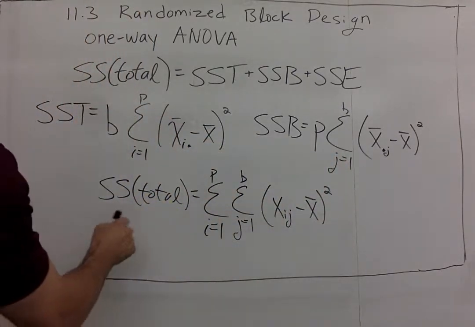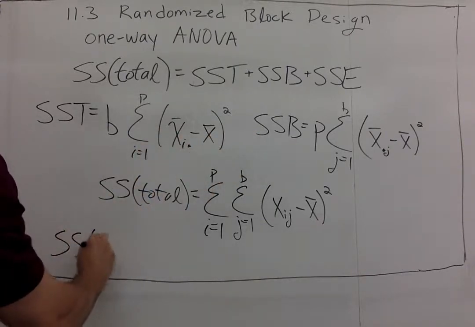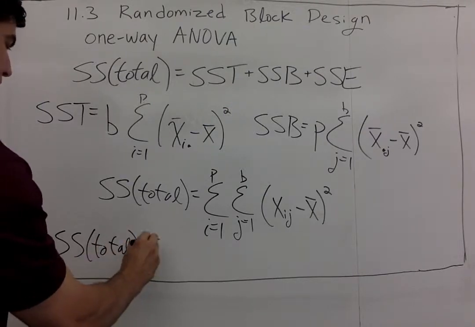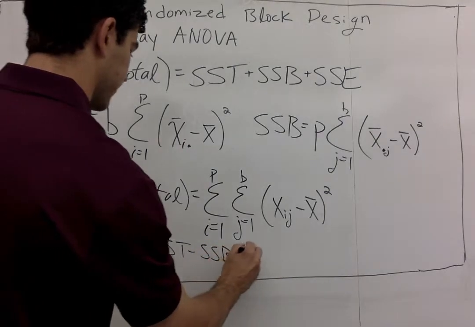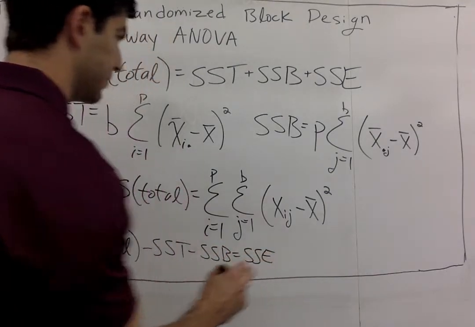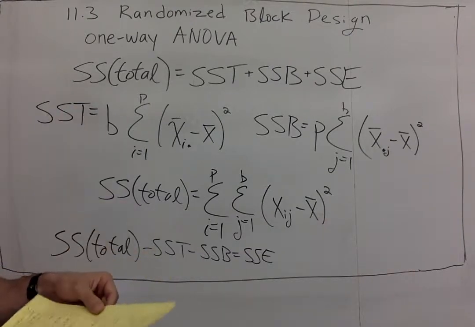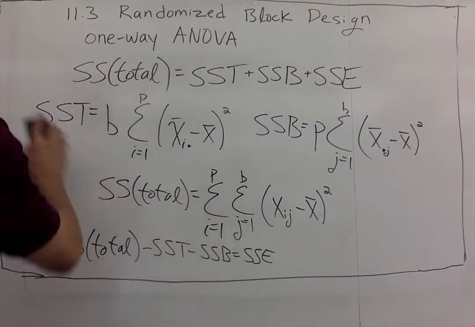Now that I have this, this, and this, I could do total variation minus these, and that would leave me with SSE. So that's how you would find it by hand. Luckily, I won't ask you to do that because we were introduced to the outputs. But those are where the formulas come from.